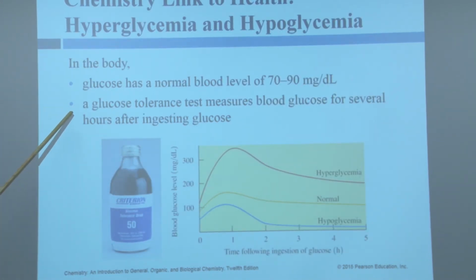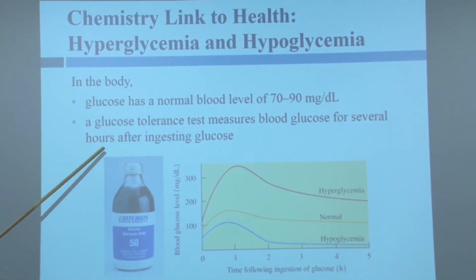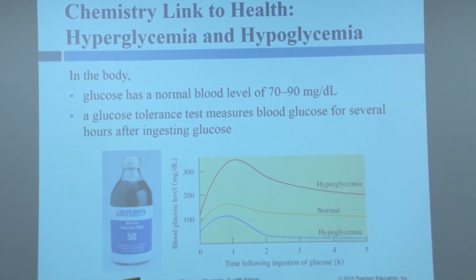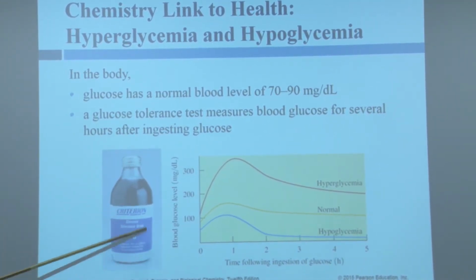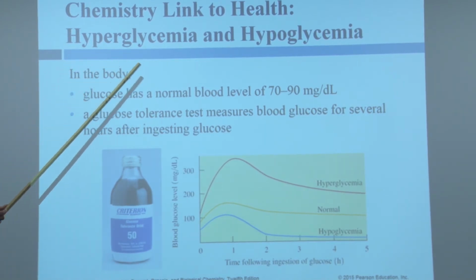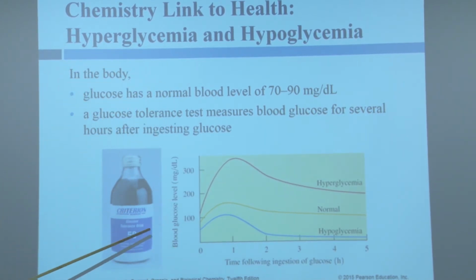Glucose, a glucose tolerance test, blood sugar, ingesting glucose. So this is about hyperglycemia, hypoglycemia, normal blood sugar levels. There is a graph that talks about hyper, hypo, and normal blood sugar levels.